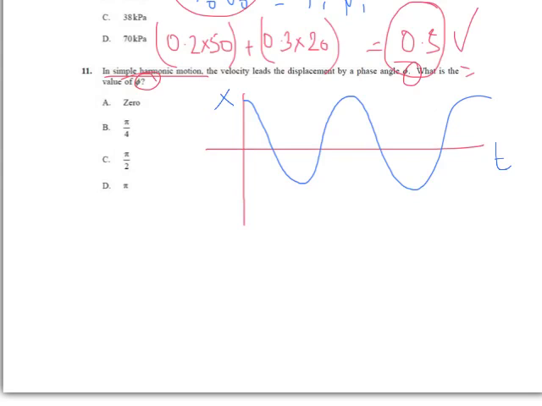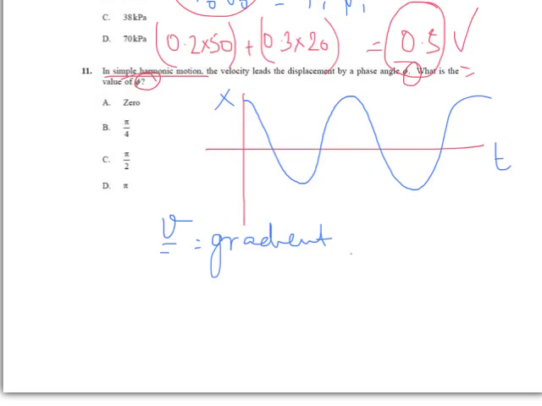If we consider the velocity of this displacement time graph, velocity is equal to the gradient of a displacement time graph. So let's have a look at what's going on with the gradient of this graph. When displacement is at a maximum, we have a gradient value of 0.